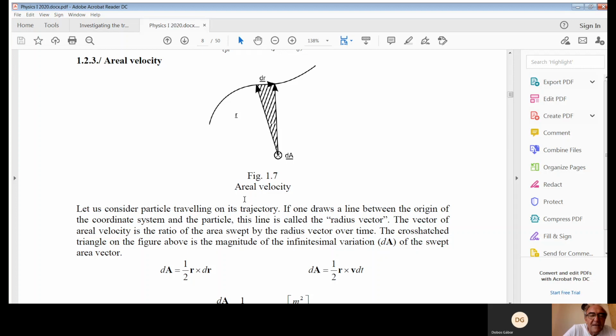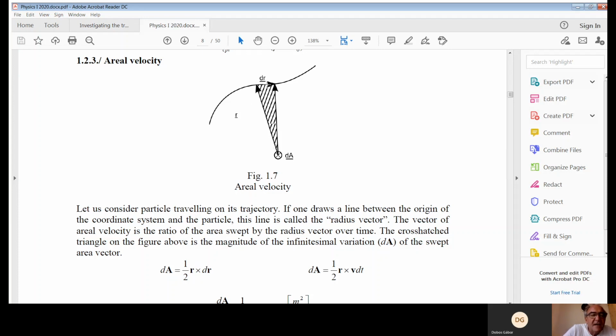So the dA vector is the r cross dr, because this is a triangle, and the triangle has an area definition that this vector and that vector multiplied together and multiplied with the sine of the angle, and this is exactly the area of this.